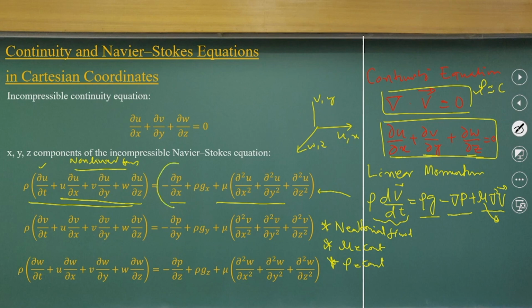We have a pressure gradient part, we have a gravity force, and we have the Laplacian operator of the velocity in the u direction. If I just expand it, I will have this form. The advantage is that mu is a constant. So, with the Laplacian operator, this is a linear equation. That is why we can get an analytical solution for this, because it is a linear equation.